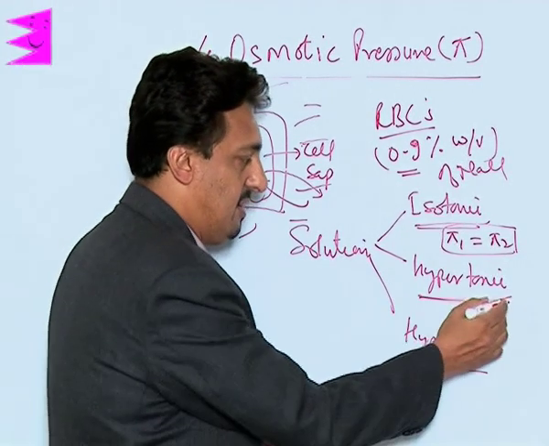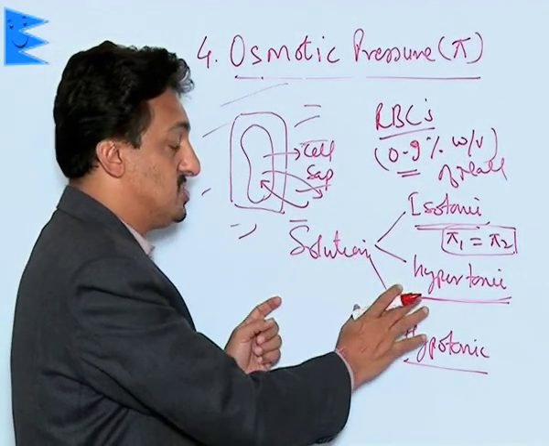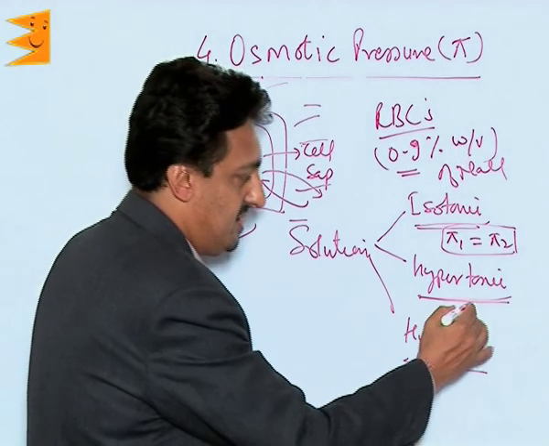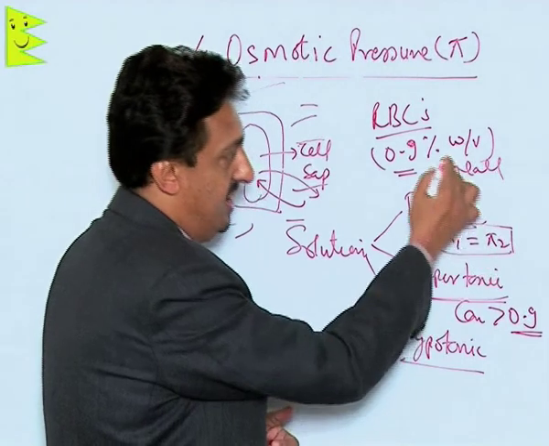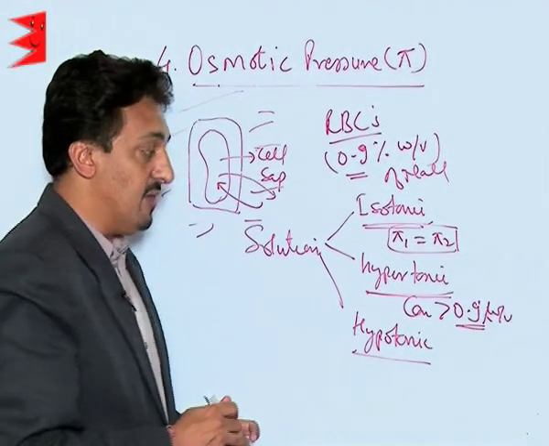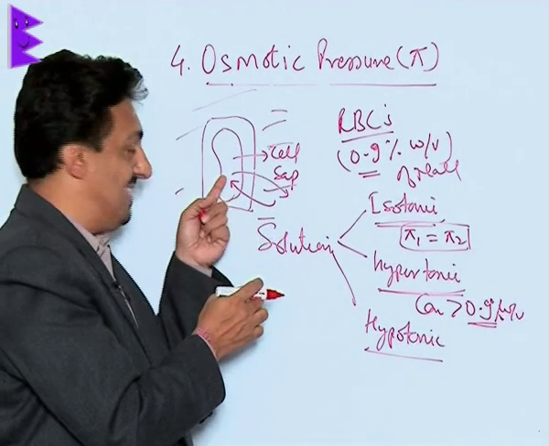Suppose we take the same RBCs in a solution which has a higher concentration than the cell sap's concentration. So if the concentration is higher than 0.9 weight by volume percent, then the solution is more concentrated than the cell sap.